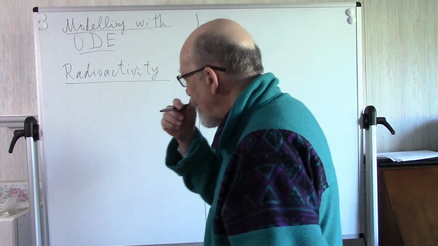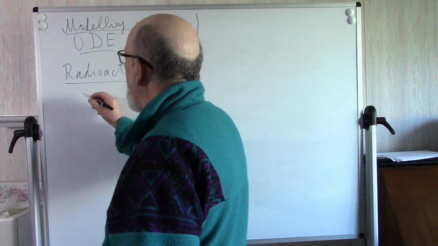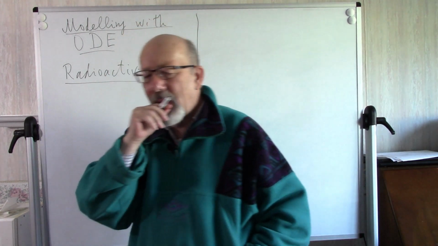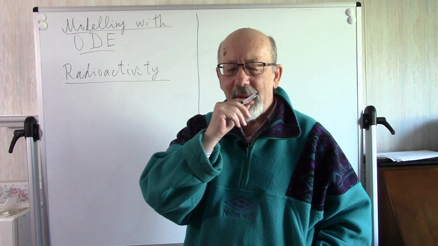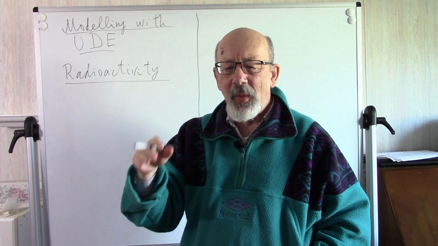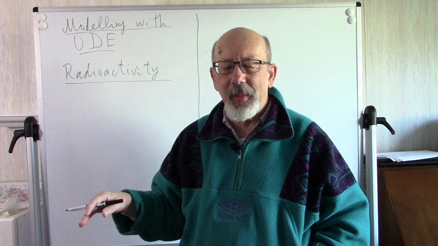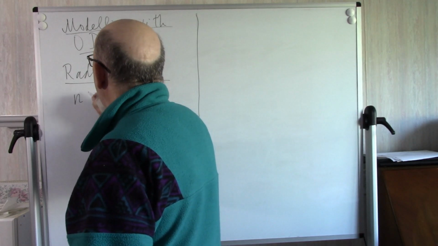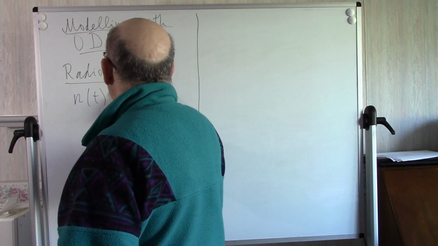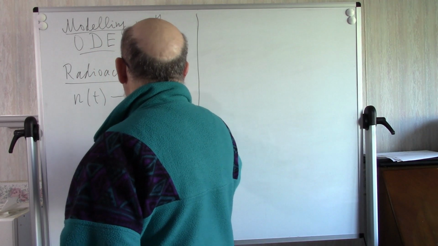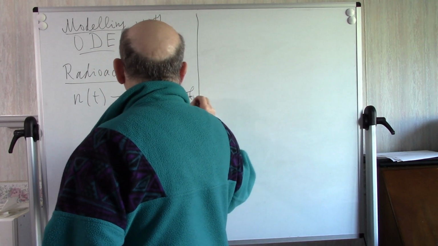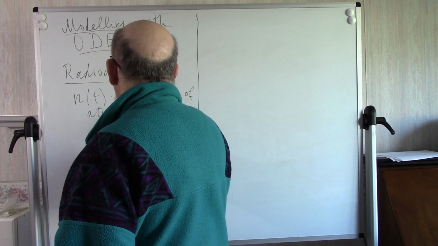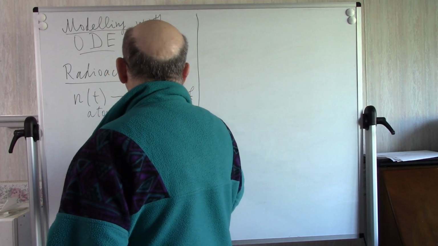So suppose we have this sample, and let us consider how the number of atoms in this sample changes with time. So n of t is the number of atoms in the sample.